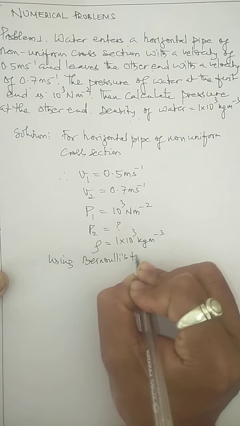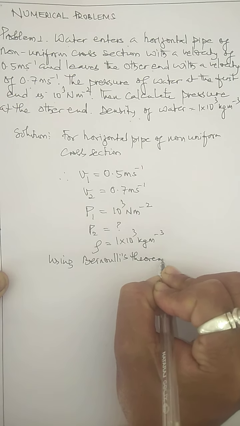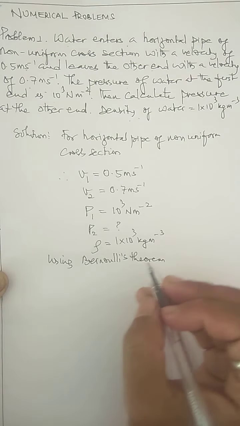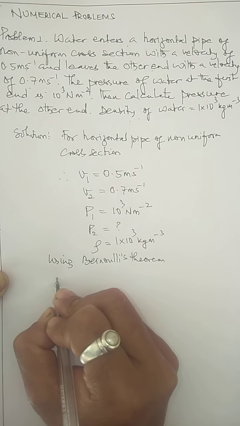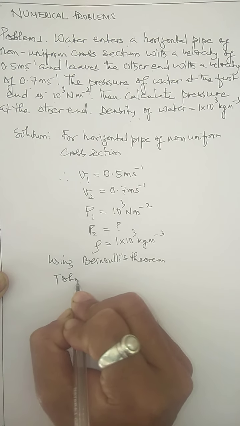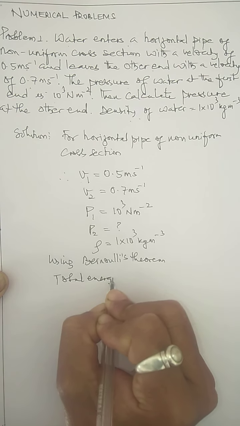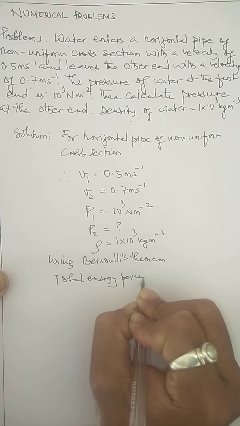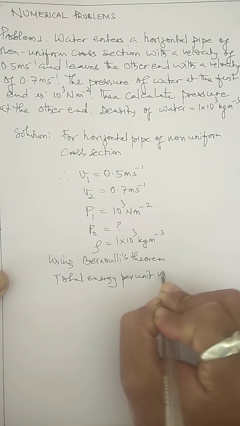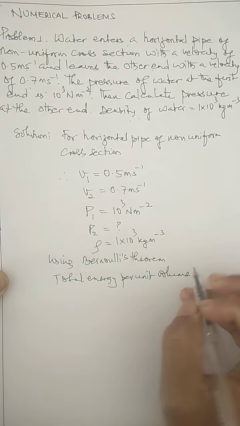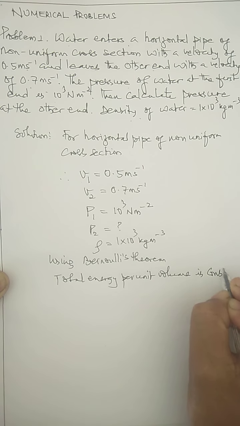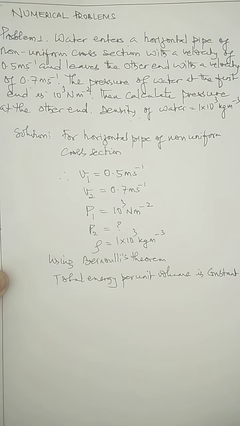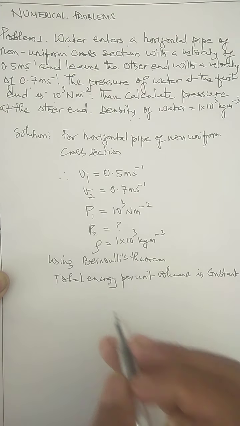Using Bernoulli's theorem, we have learned that for a horizontal pipe, the total energy per unit volume is constant. The total energy per unit volume of the pipe remains constant. Which means total energy is pressure energy plus kinetic energy per unit volume.